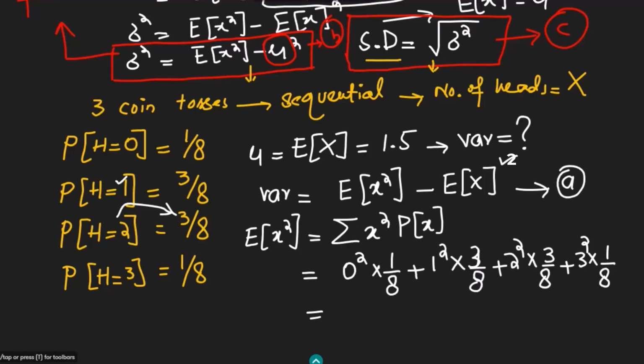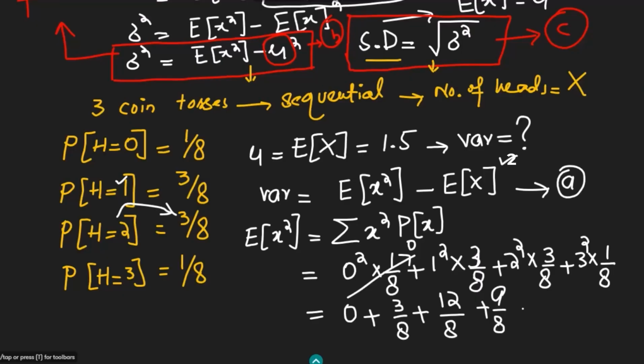Now let me calculate it. The first term will be zero because the value is 0. Similarly, here we will get 3 by 8. Then 2 square is 4, 4 times 3 is 12, so that is 12 by 8. And here we have 3 square is 9, 9 times 1 is 9, so 9 by 8.